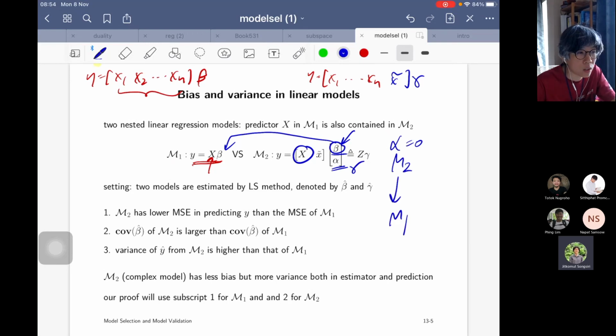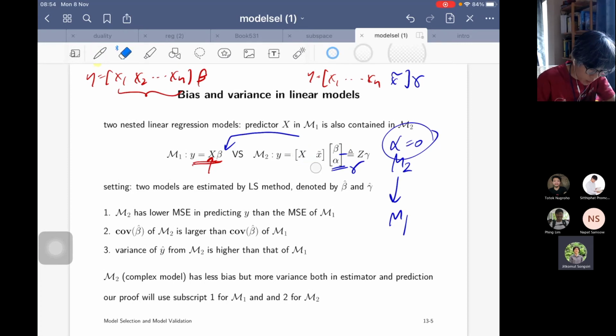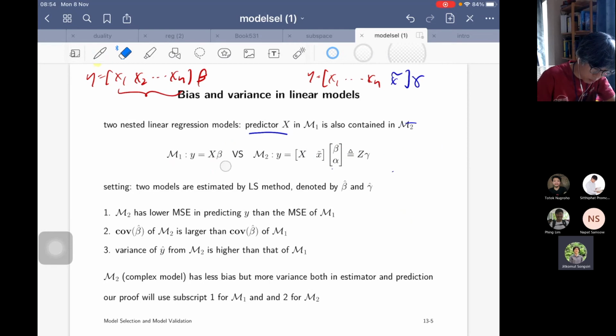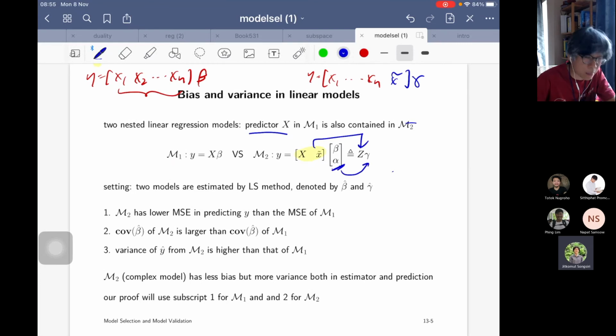That's why we call these two models nested. Model 1 is nested in model 2 because model 1 is a special case of model 2 when alpha is 0. I write it in this way, but I use matrix notation where the regressor of model 2 is Z and the regression coefficient is gamma.